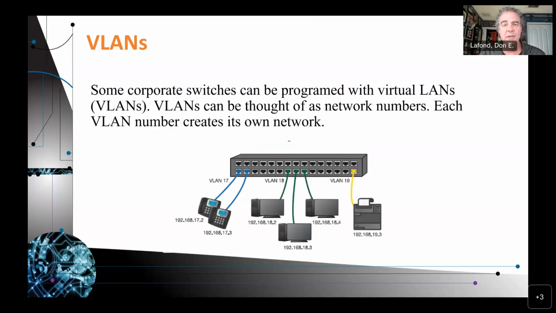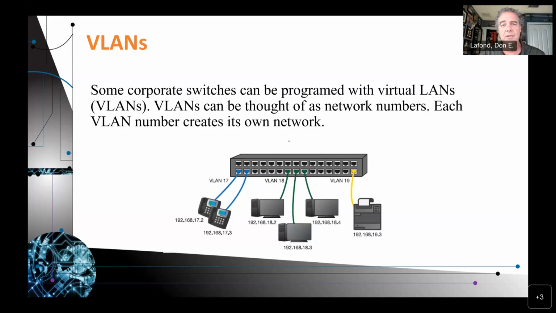What VLANs allow you to do is take one switch that's connected to a router and segment the hosts on that network, so that you can have what are like separate networks themselves.